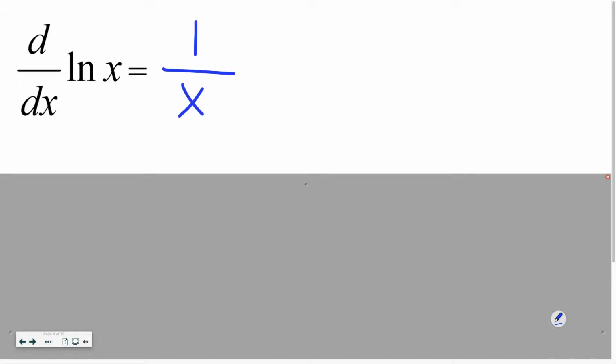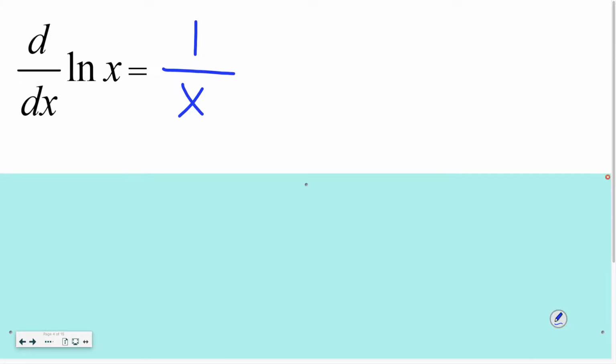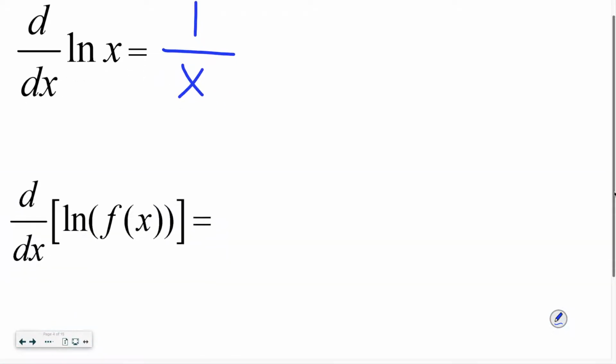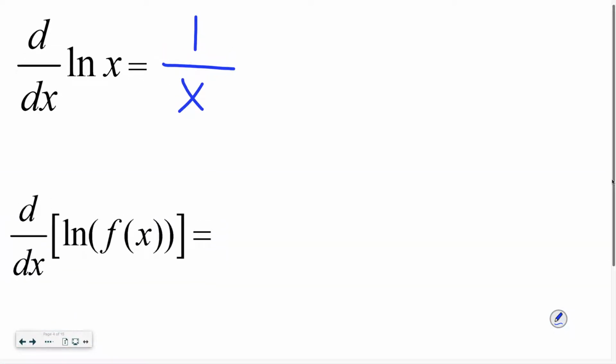How often am I going to give you the natural log of x? Not very often. So let's just talk about the chain rule here. What if I had the derivative of the natural log with something inside? I have the natural log of f of x.